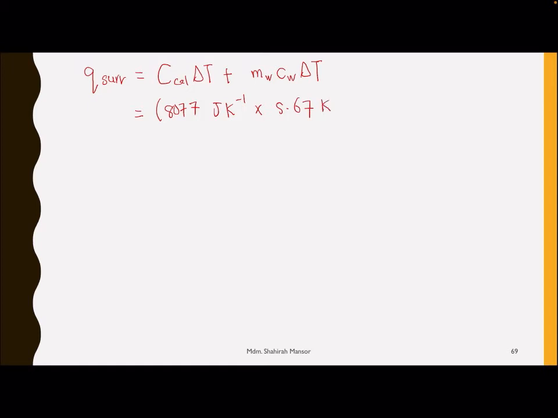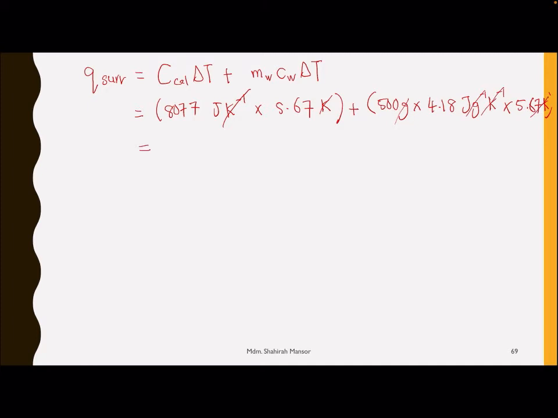Okay, the delta T given in the question is in degrees Celsius, but the difference in temperature will be the same whether in degrees Celsius or in Kelvin. Plus mc delta T, so we have mass of water 500 grams, specific heat capacity of water, and the delta T. We can cancel the units, gram and per gram, Kelvin and per Kelvin.